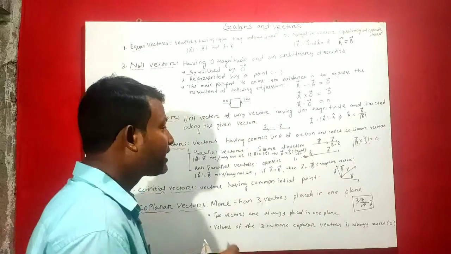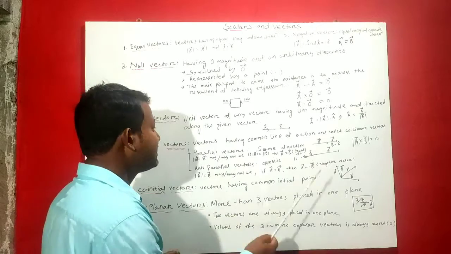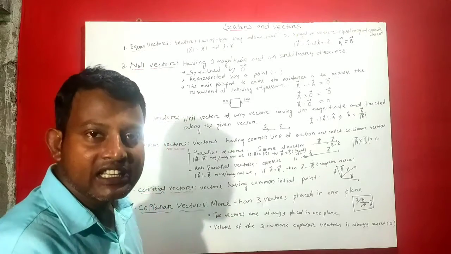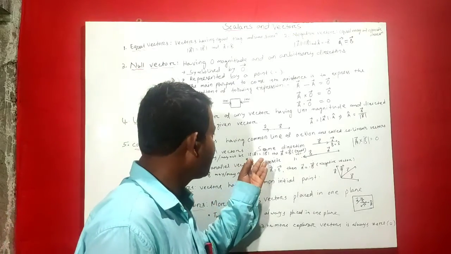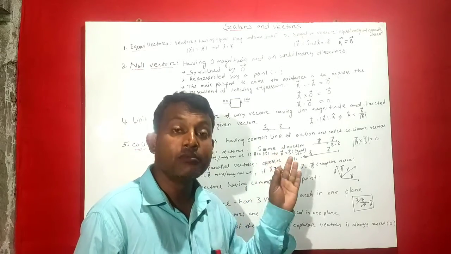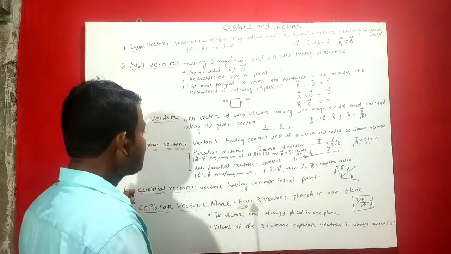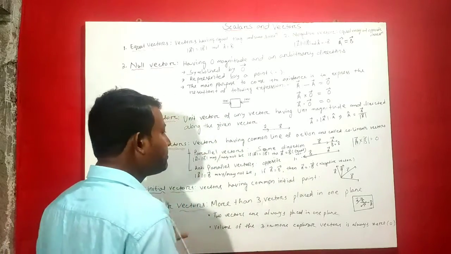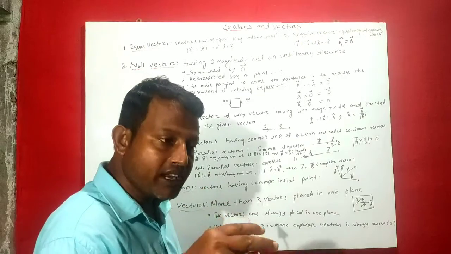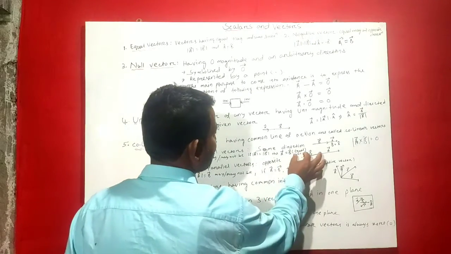If the magnitude is not the same, then we simply call them parallel vectors. They have the same direction, but the magnitude is not the same. So they are only parallel vectors. If two parallel vectors have the same magnitude, then we call them equal vectors.